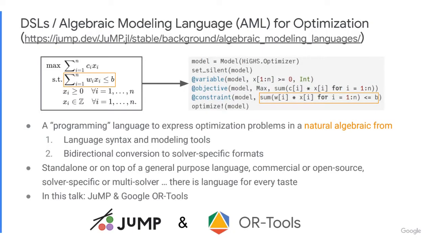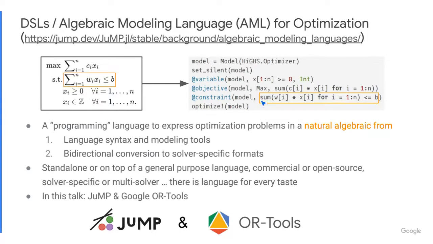So what's an algebraic modeling language? Basically, it's a computer language that allows you to write down mathematical optimization problems in a way that is natural and similar to what you would write on paper. So for instance, here's an example of a simple knapsack problem and the equivalent code in the JuMP modeling language. And we can see that one natural way of writing down a knapsack constraint is with a sum.